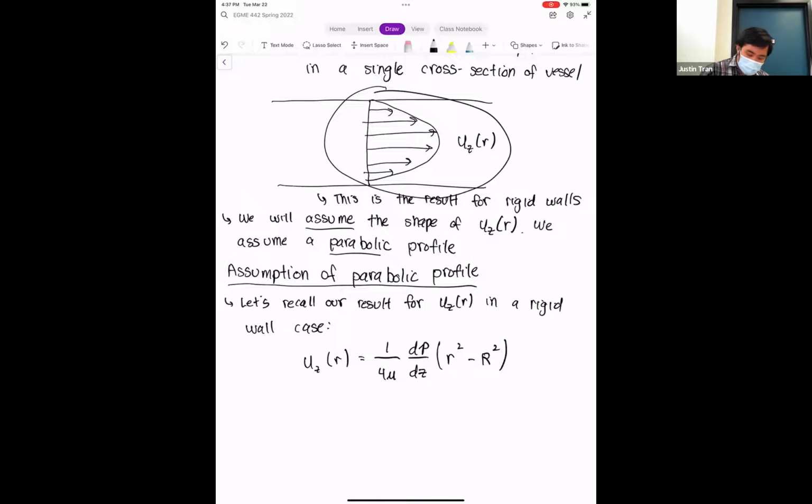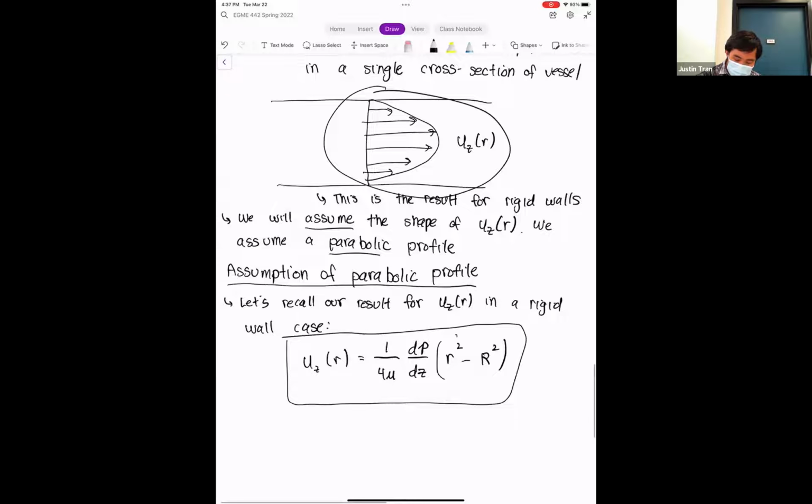Okay. And so here you can see we have the parabolic profile. The parabolic profile is given by the fact that we have a little r squared right here. And so this little r squared, that's the parabolic part of this parabolic profile.